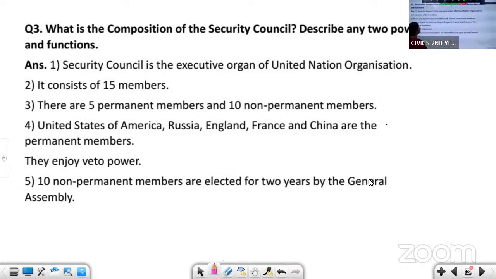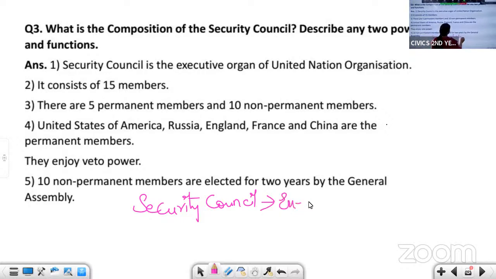Today we will discuss another organ of UNO, that is the Security Council. The Security Council is the executive body or organ of the United Nations Organization.